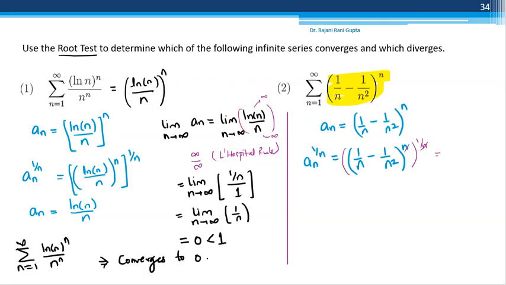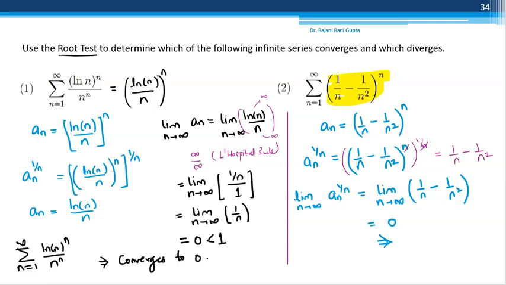So you'll have 1 over n minus 1 over n squared. Now finding the limit as n approaches infinity of the nth root of a_n is the same as finding the limit as n goes to infinity of 1 over n minus 1 over n squared. So this gives you 0. It means again this infinite series converges.